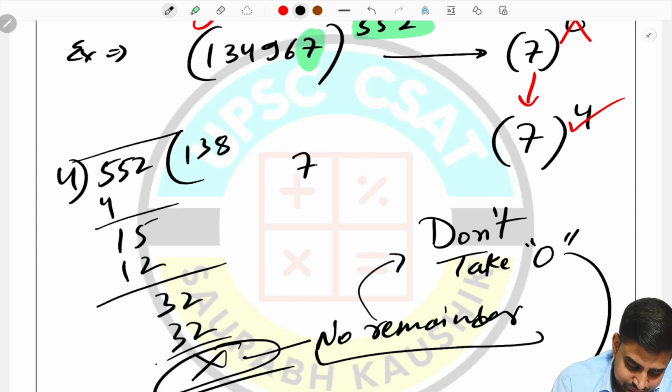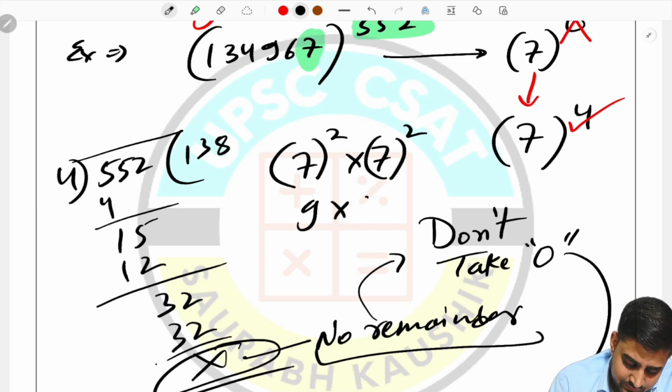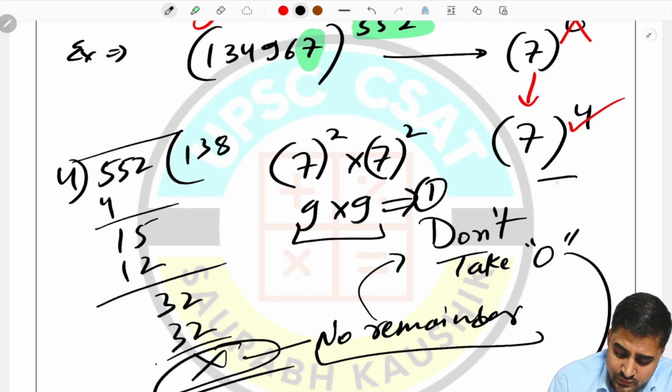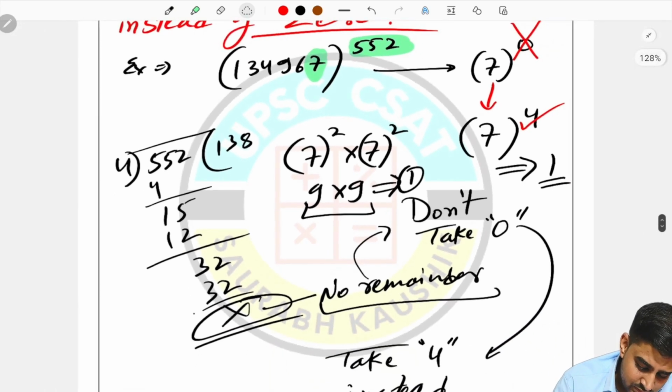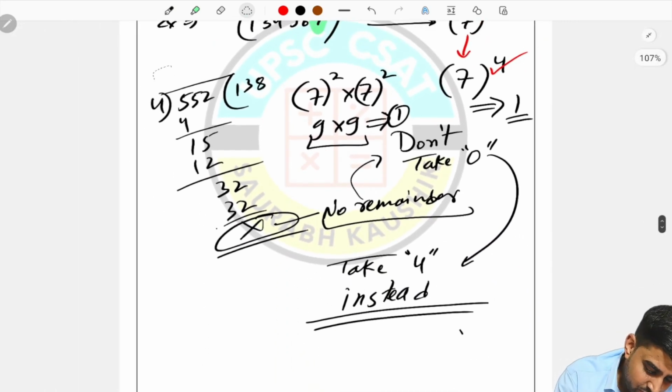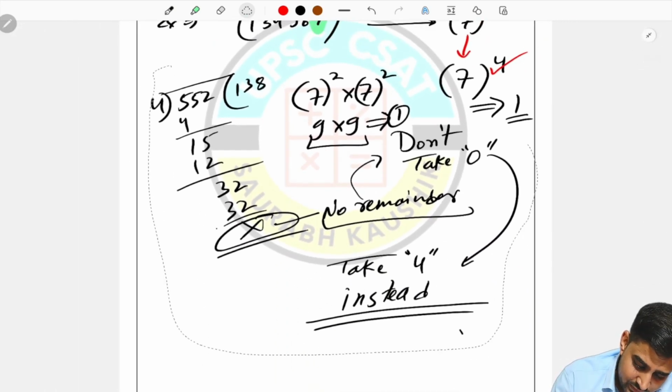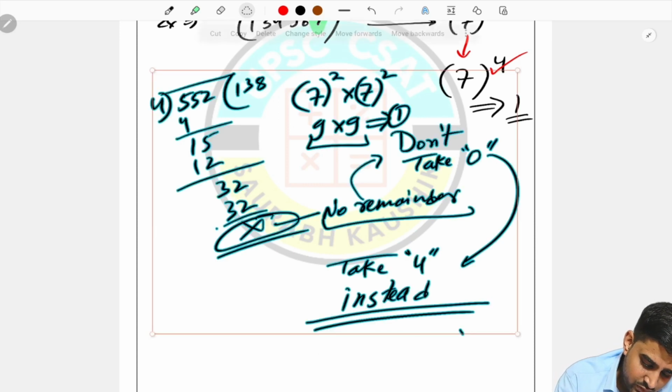See, I can break this. The unit digit is 9, 9 times 9 will give me 1. So the answer is 1. We need a unit digit, na? We don't need anything else. Let me show them, otherwise it will be confusing for you.